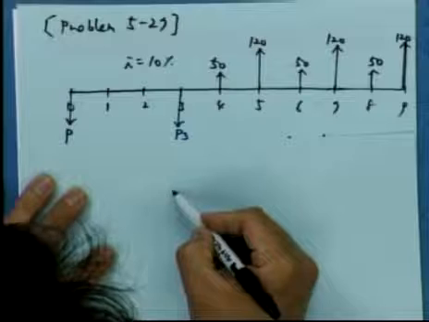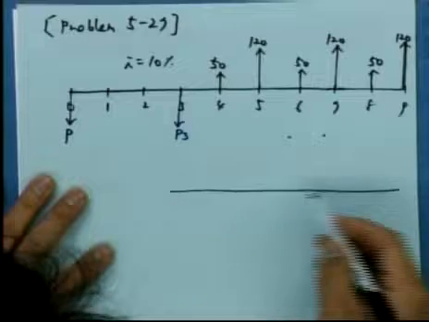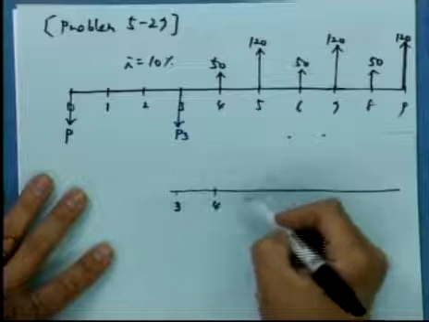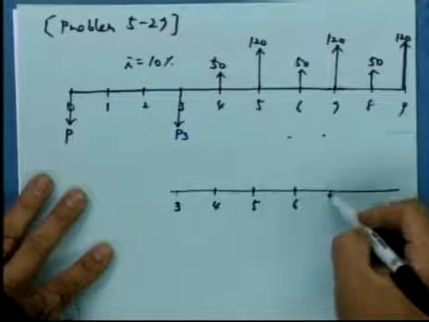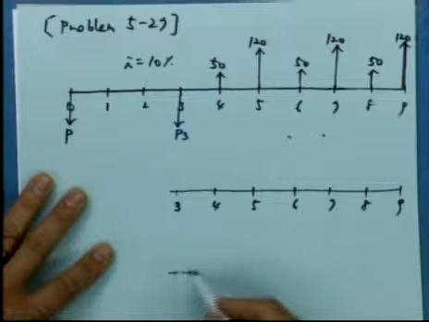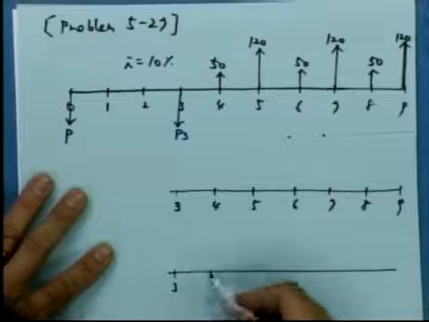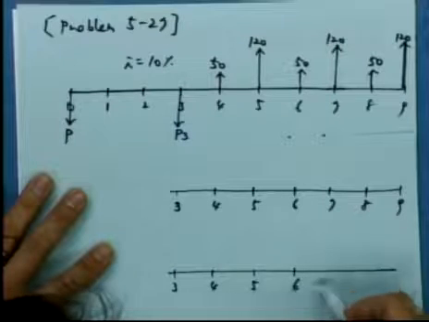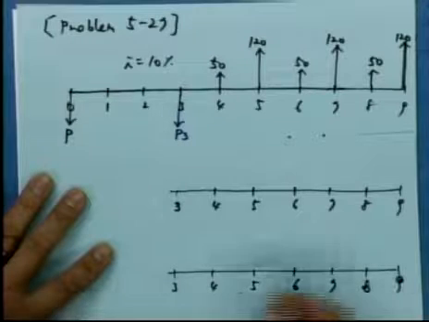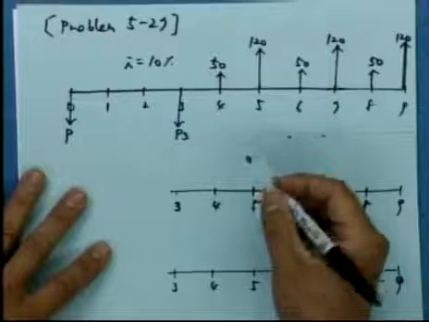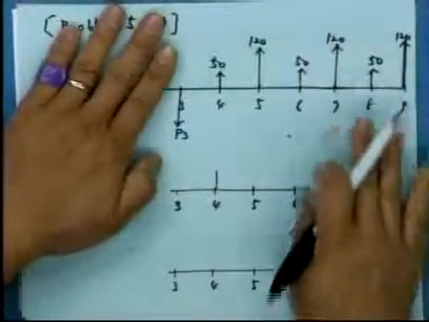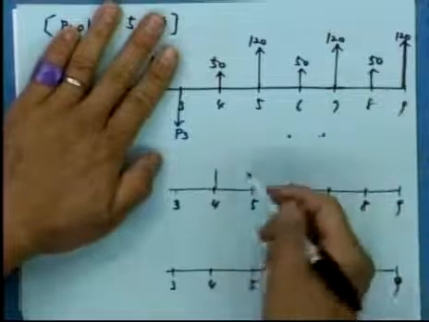Okay, so here we have from 3 to 9. 3, 4, 5, 6, 7, 8, and 9, right? And then this cash flow diagram can be broken into these 2 parts.